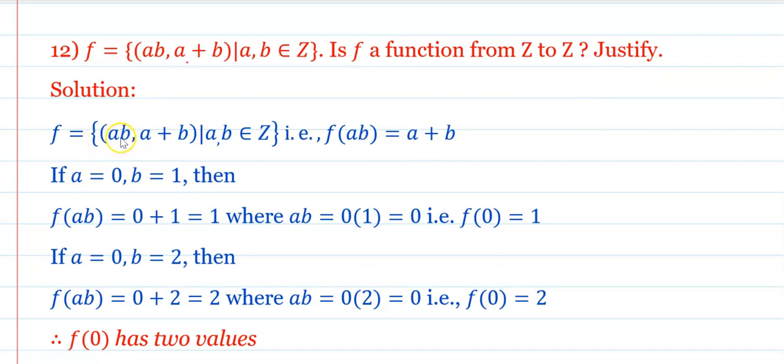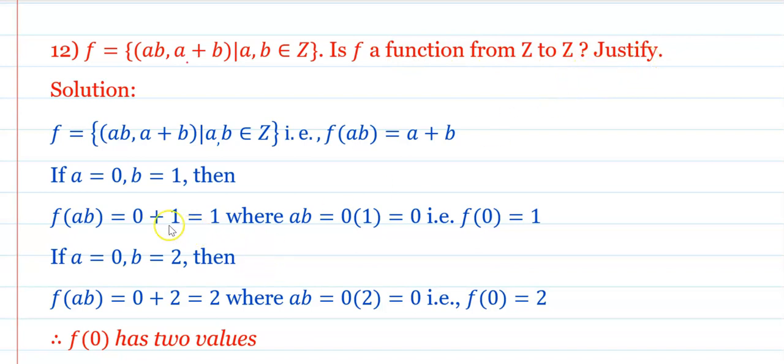Now the function is defined such that (a, b) maps to a plus b, such that a, b belongs to Z. That is, f of (a, b) is equal to a plus b. म्हणजे हा काय तर x असणार आहे आणि हा काय होता y. f of x is equal to y, but x is (a, b) and y is a plus b.